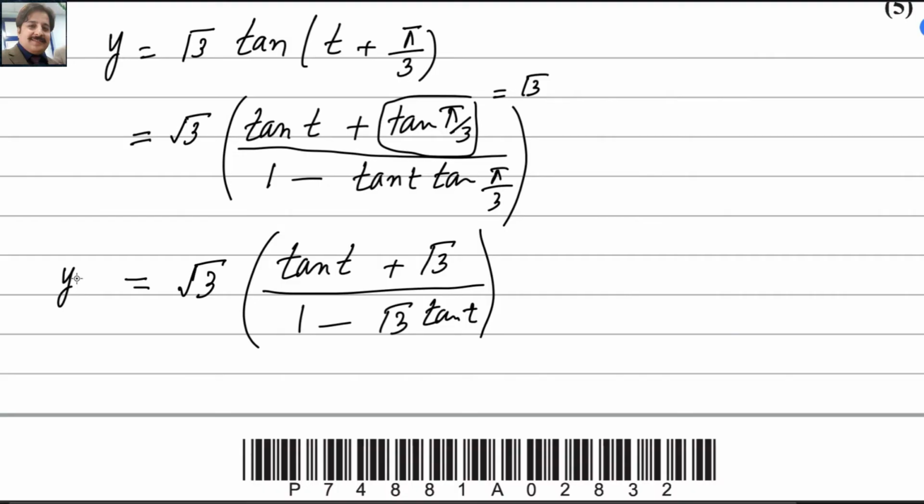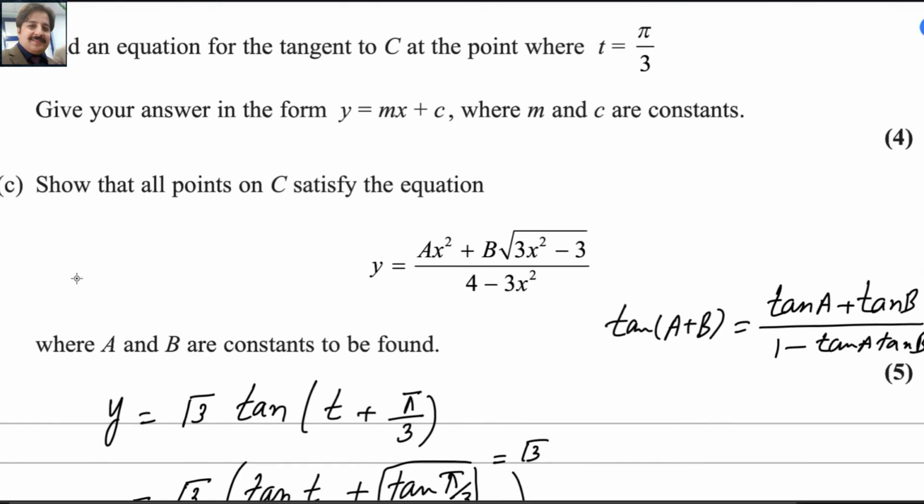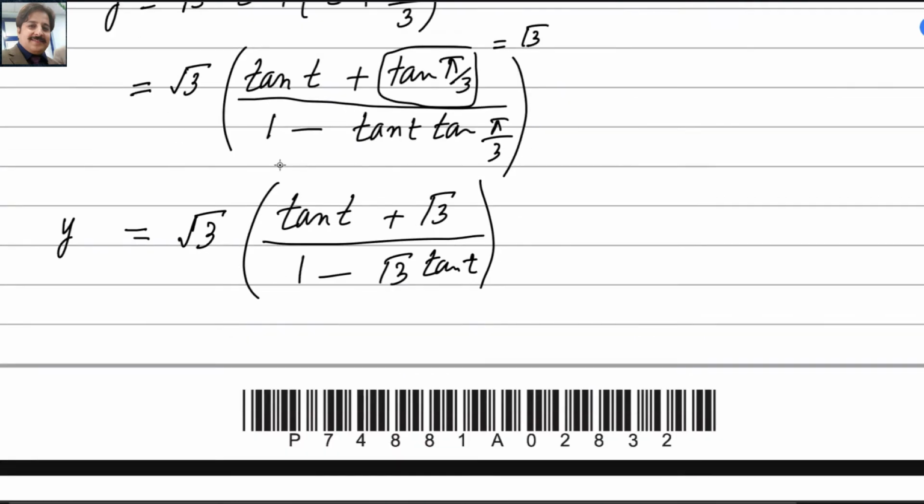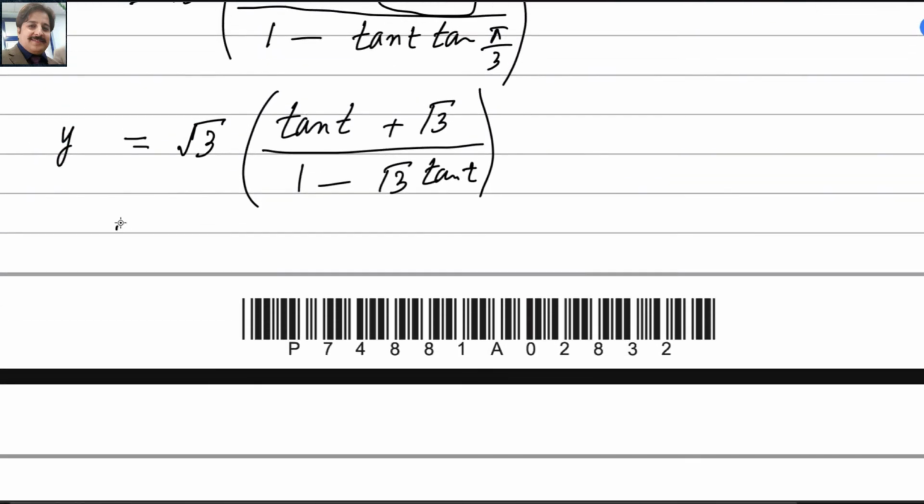So this is the equation for y, but we need to convert our y in terms of x. So we can get the value of tan in terms of x from this equation. We have x equals secant t. If you take the square of both sides, this will be x square equals secant square t, and secant square t can be written as 1 plus tan square t.